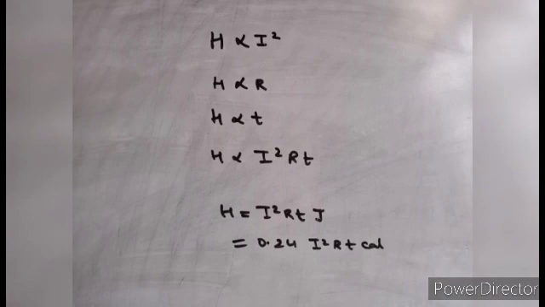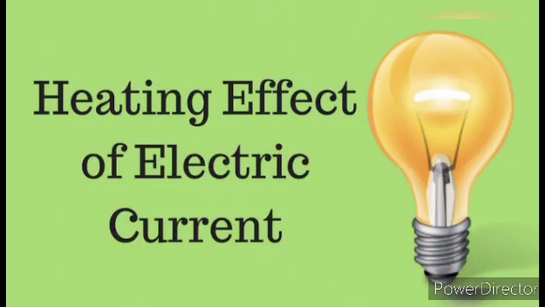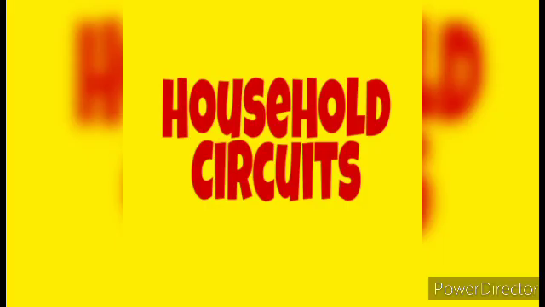So it gives that H is directly proportional to I squared RT. Removing the proportionality, it will give you H equal to I squared RT joule, or 0.24 I squared RT calorie. This is your relation for the heating effect of current.